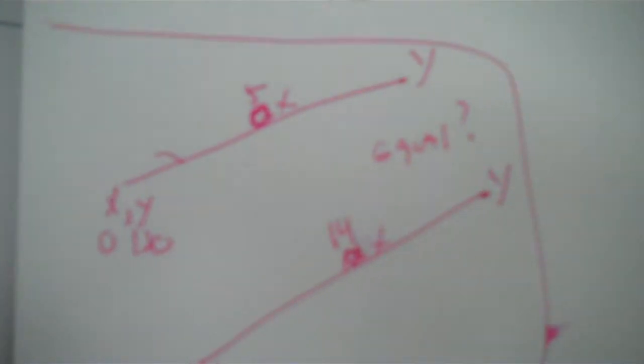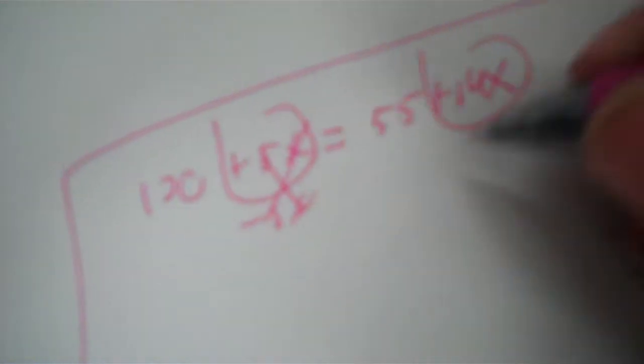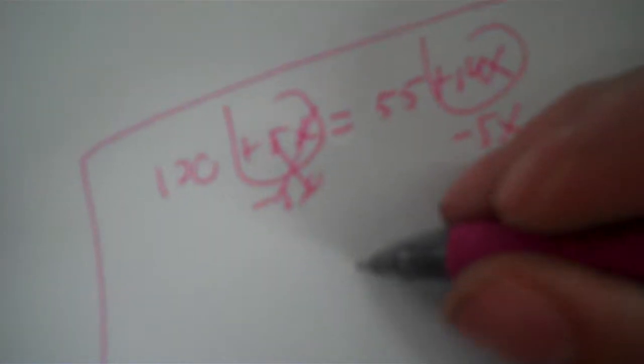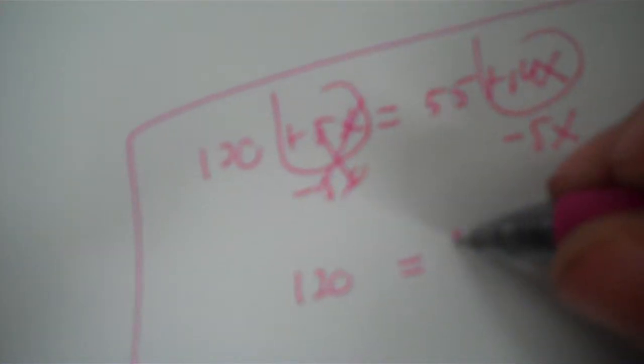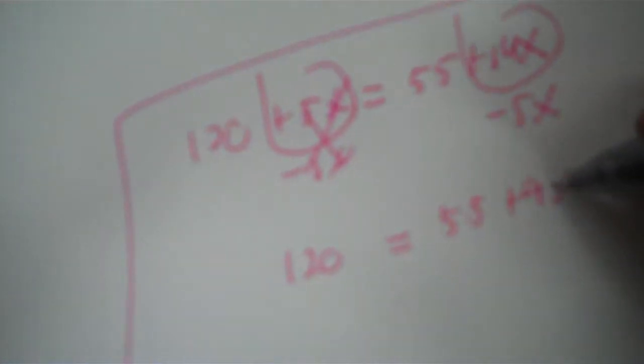Okay, so I want to find when these two lines equal one another, when they cross. So I got 120 plus 5x equals 55 plus 14x. Okay, we need to minus 5x. So I got 120 equals 55 plus 9x.